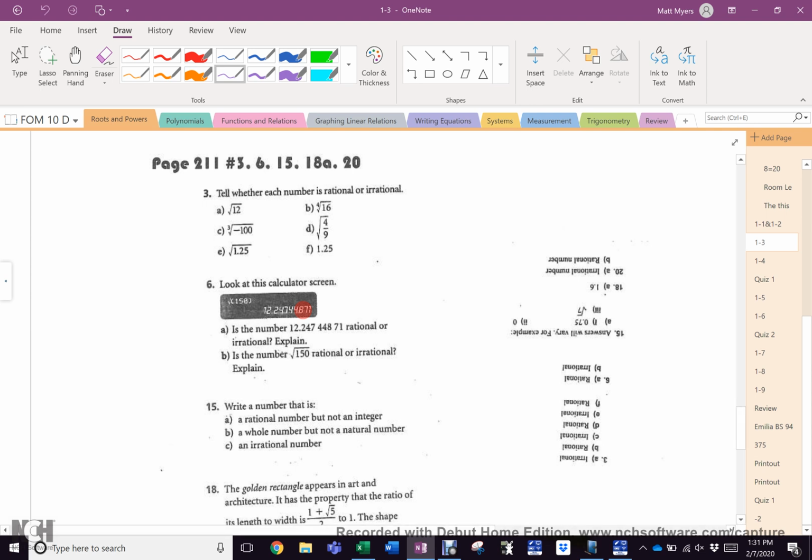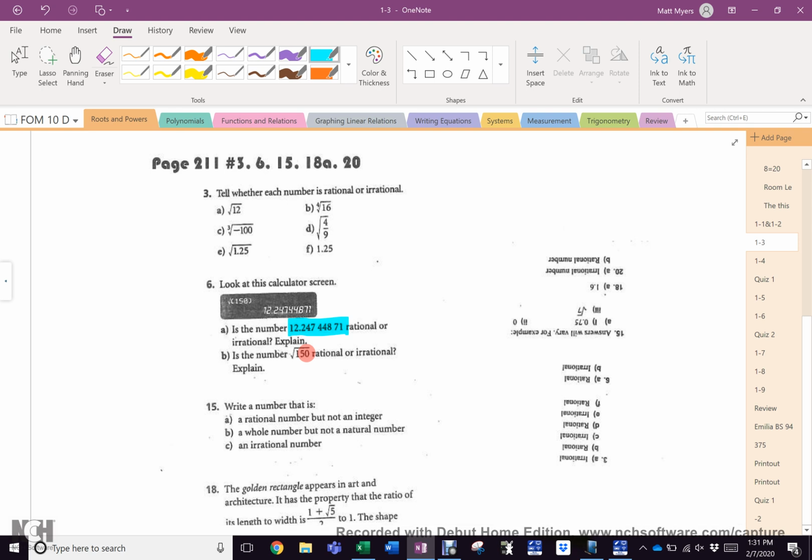Yes. And if you write out those digits, 247444871, I wrote them right there, yes? Did I stop writing? Yeah. Yes. So as soon as I stop writing, it is a rational number because it has ended. But does 150 have a square root?